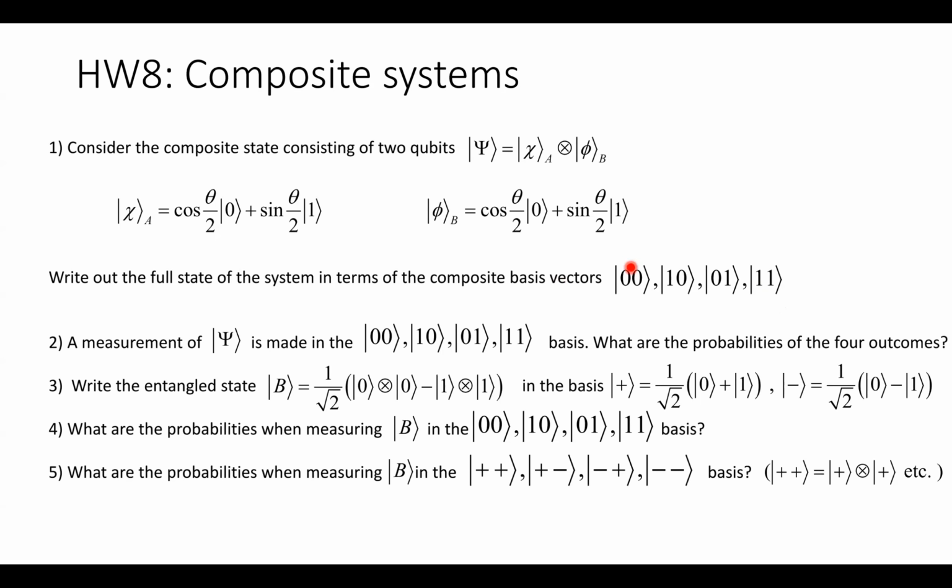I didn't read the question properly, so I redid it and wrote it in the plus minus y in the 0-1 basis, as the question said in the exam. So writing it out in this composite system basis is another thing you might want to be able to do. And if you do a measurement in that basis, it's just the usual rule, modulus squared of the coefficients.